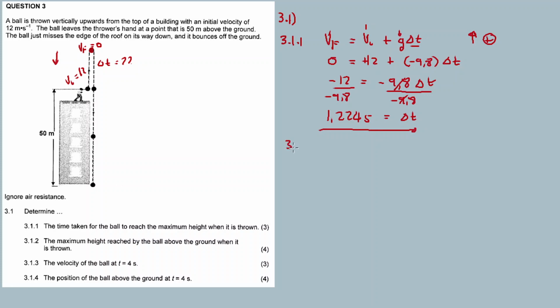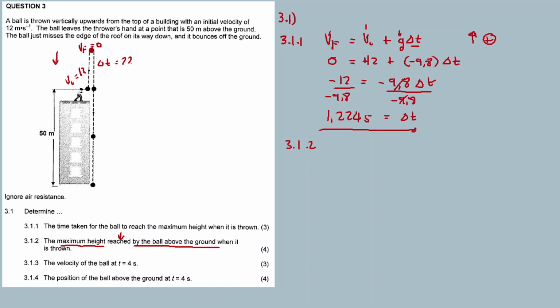Then 3.1.2: the maximum height reached by the ball above the ground when it is thrown. The maximum height reached by the ball above the ground. Alright, hey, the English, we can pass it, we can even just run past it. The maximum height reached by the ball above the ground.